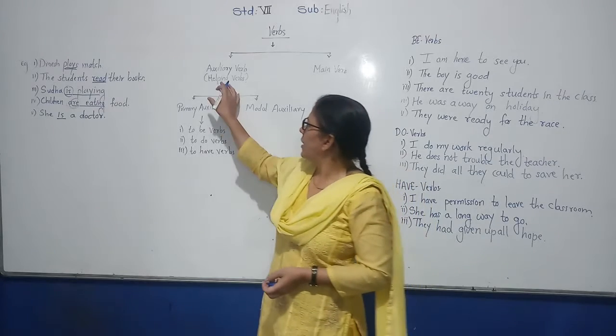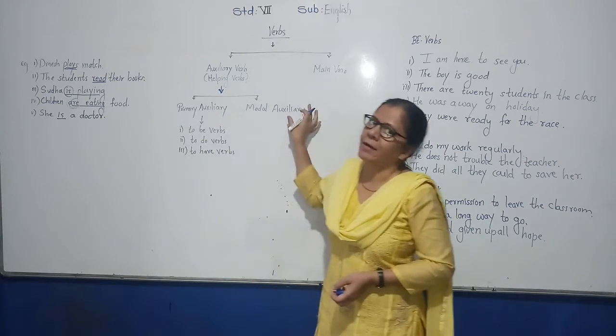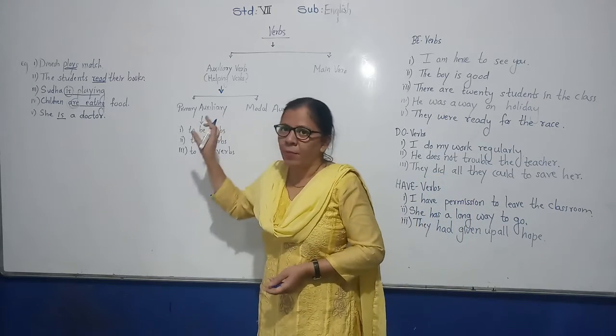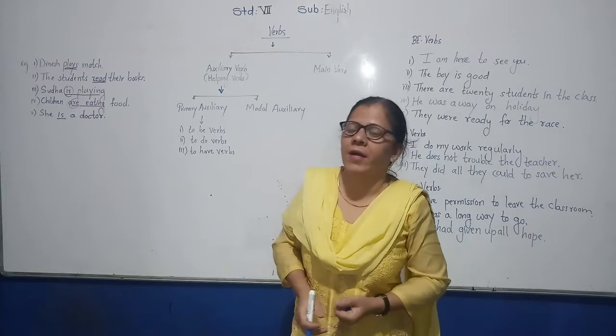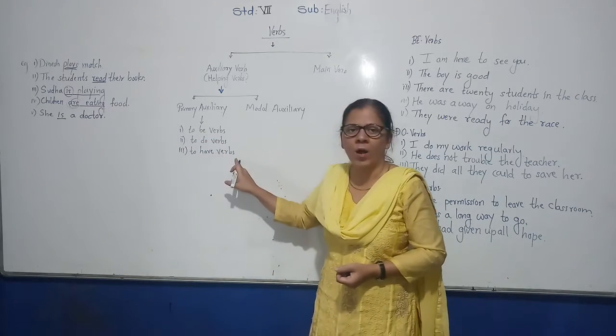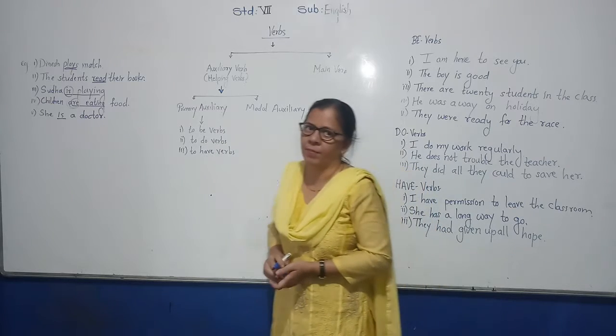Okay. So auxiliary verbs are of two types, primary auxiliaries and modal auxiliaries. Now again, primary auxiliary is further divided into to be verbs, to do verbs and to have verbs. So we'll see one by one with examples.